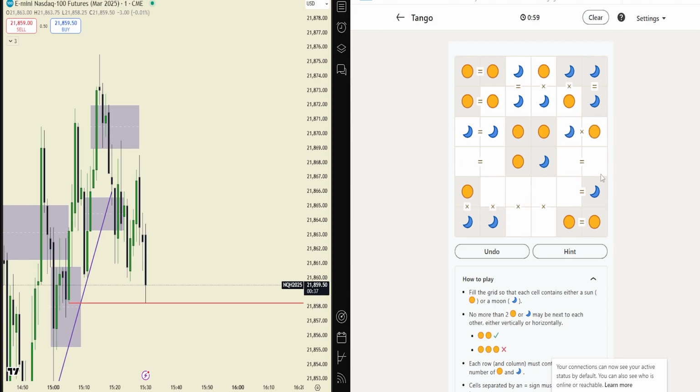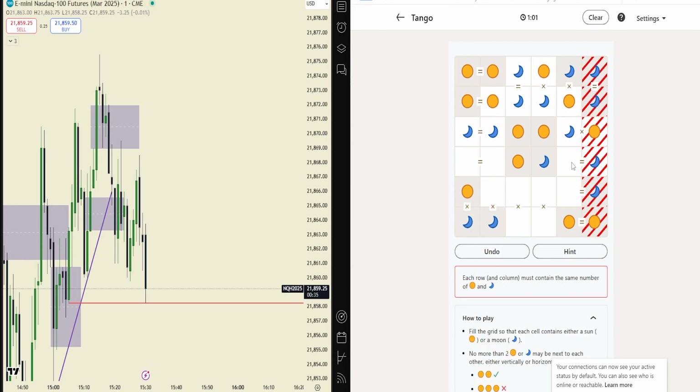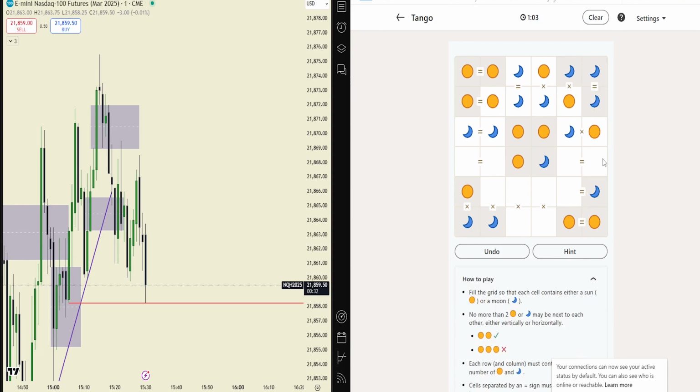This has to be a sun. This has to be a moon. Why? Oh, because they're not the same. Right. I guess, yeah, that can't be a moon. This has to be a moon, though, right?